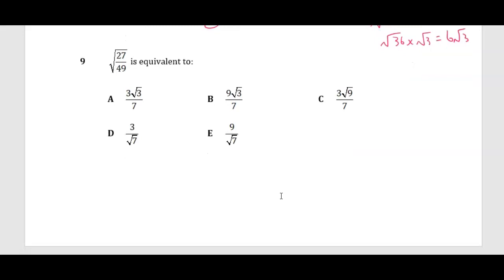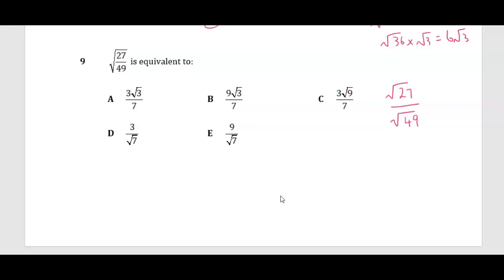All right, question 9. We're going to just separate our... Sorry, I'm just thinking before I do that. Sometimes you need to see if you can simplify that 27 over 49. I know 9 goes into both of them, so I could have done that, but I might just do it this way.